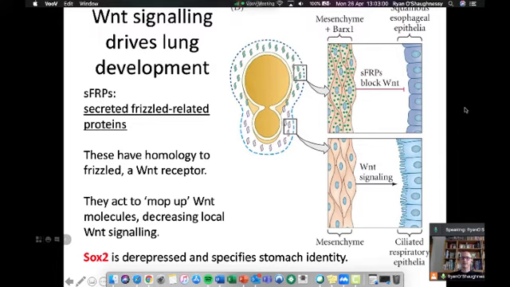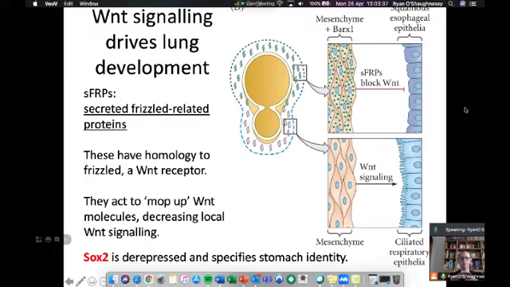Frzb in our Xenopus development is a Xenopus homologue of these secreted frizzled related proteins, and these block Wnt by binding them in the extracellular space, and this reduces local Wnt signalling. So in our developing stomach area, the mesenchyme secretes these secreted frizzled-related proteins. This stops Wnt signalling, and therefore we have a squamous esophageal epithelia.